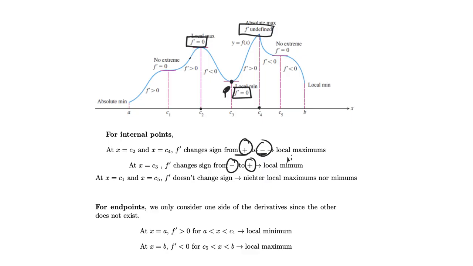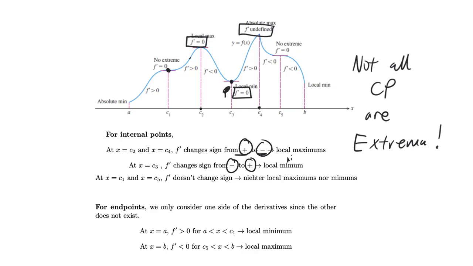At x equals c1 and c5, we see no extremum. So this is a case that we haven't considered yet. When we have a critical point, not all critical points are extrema. This is important.